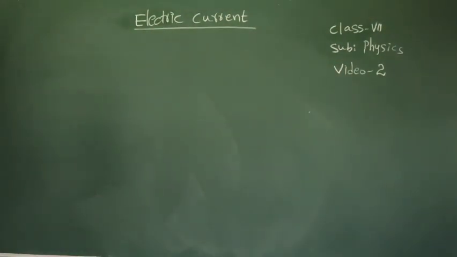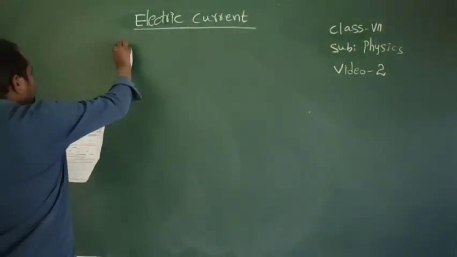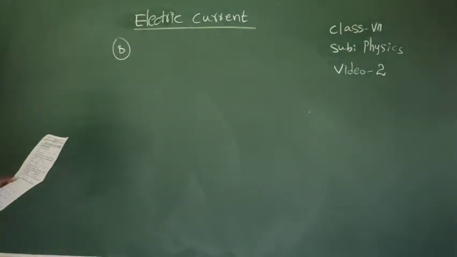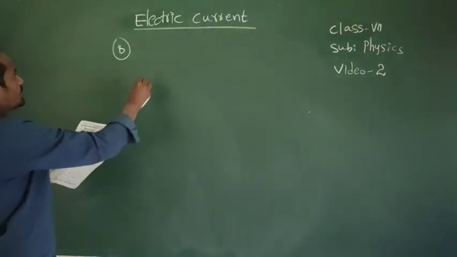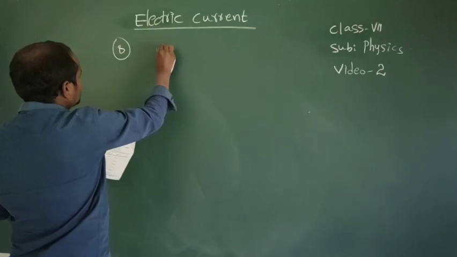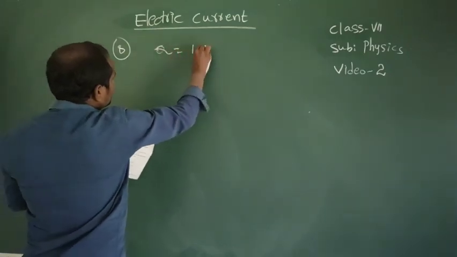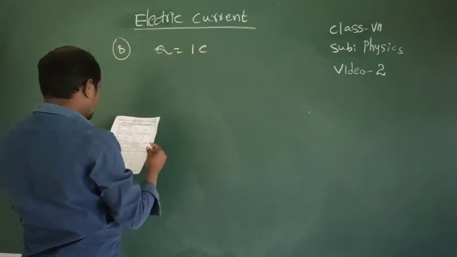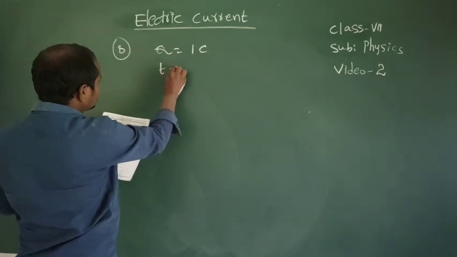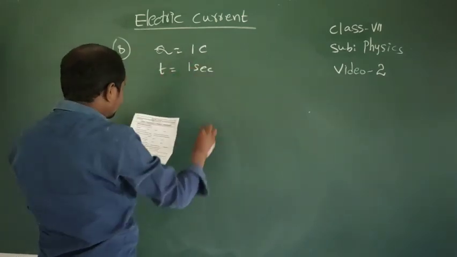Here 8th one, 1 coulomb charge. Here Q equal to 1 C and T equal to 1 second.